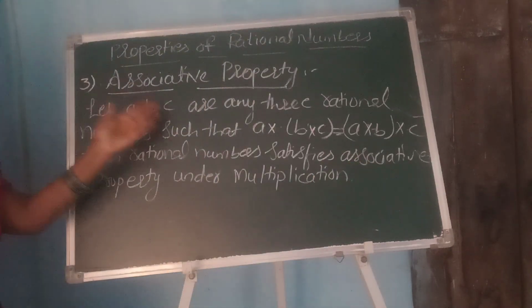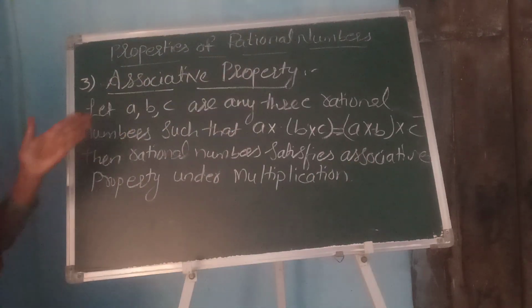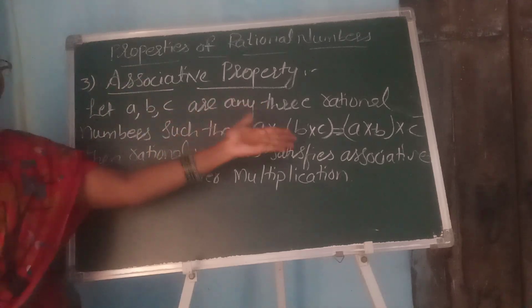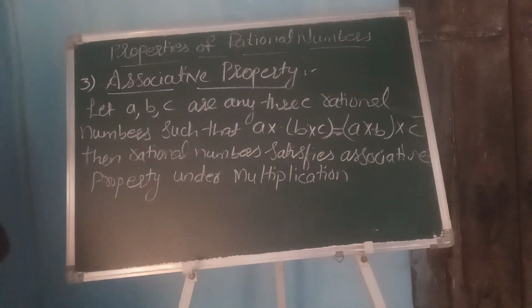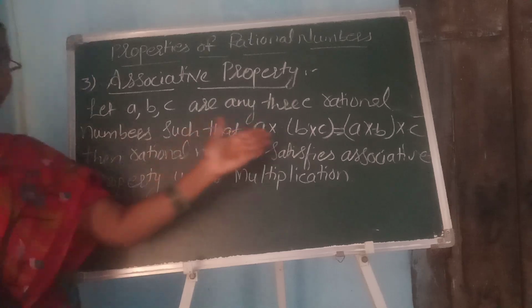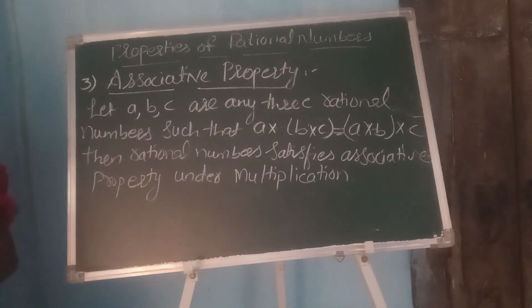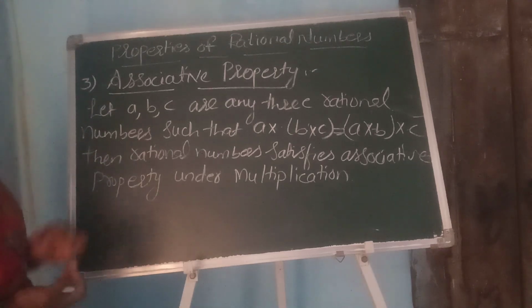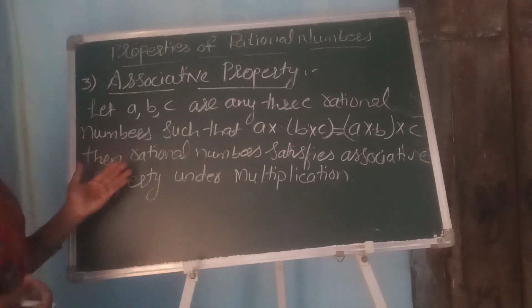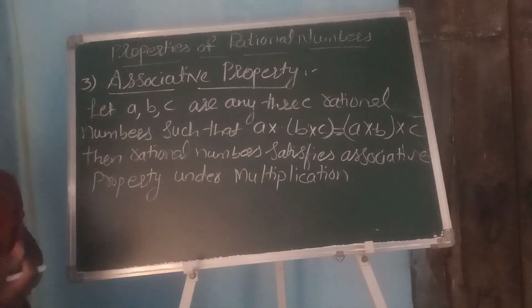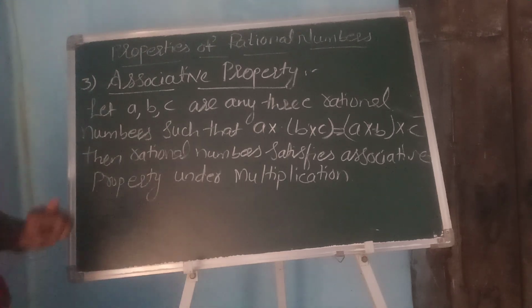Let A comma B comma C be any three rational numbers such that A into B into C is equal to A into B into C. Then rational numbers satisfy associative property under multiplication. Now we just consider the examples regarding associative property, whether the associative property is satisfied by the rational numbers or not. Just we now observe them.